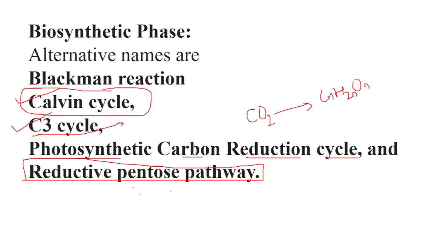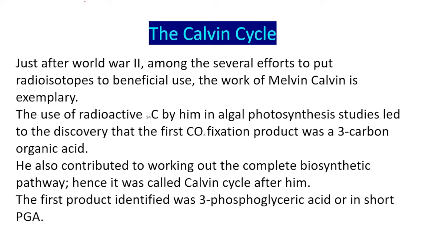Now let us come to the major part of this cycle, that is called Calvin cycle. Just after World War II, among several efforts, radioisotope studies were discovered, and they were not only for war type of material, but were used for beneficial work by Melvin Calvin.